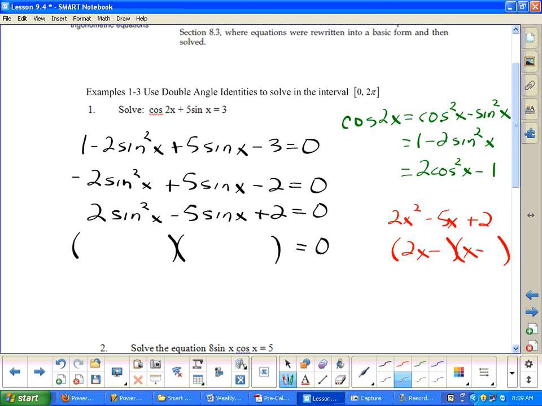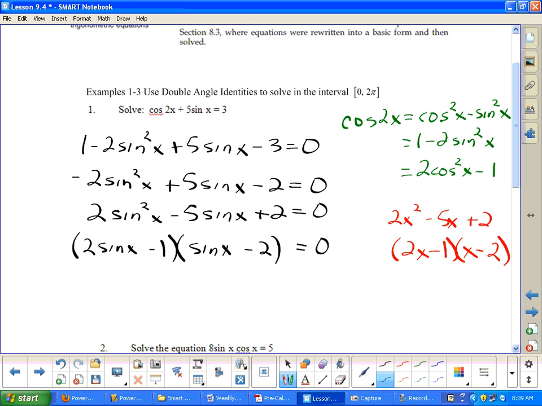Where does the 1 have to go and where does the 2 have to go? So 2x minus 1 and x minus 2. So here we're going to have 2 sine of x minus 1 and sine of x minus 2 equals 0. You guys all right with that factoring then?